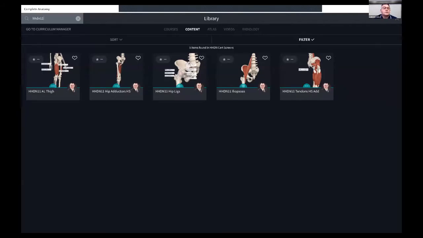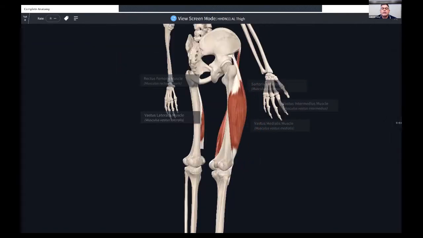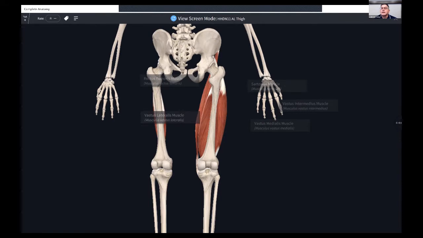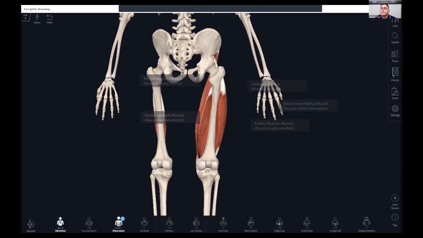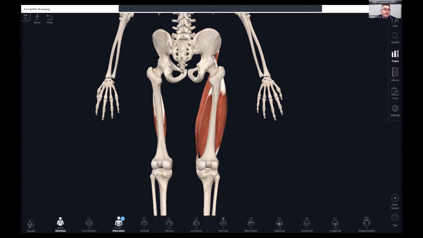The adductors. Tell you what, let's bring this in, and I'm going to kill these labels for a second. And then we're going to add our musculature back in.